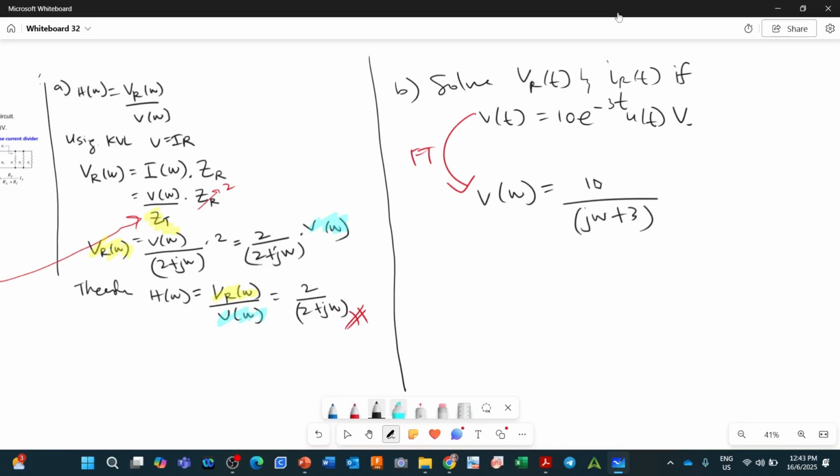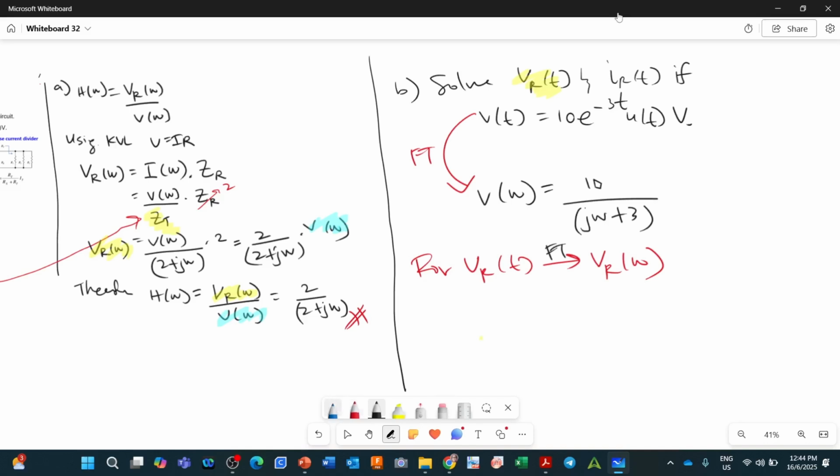Right now we try to answer VR first, because for VR we already have the equation. If we rewrite the equation for VR(t), we convert it first to VR omega, because they ask you to find it in the time domain basically, but we are in Fourier transform, so convert it first to the frequency domain.